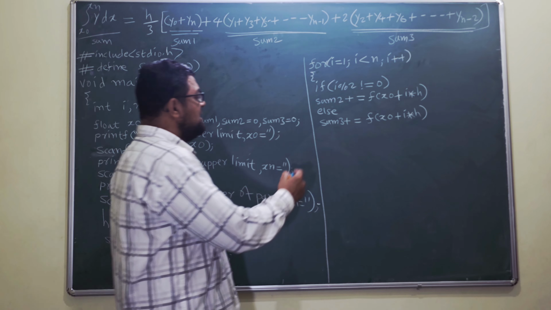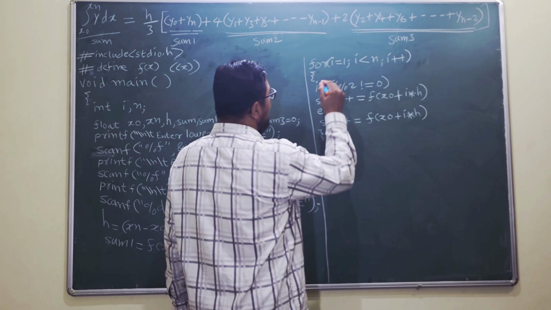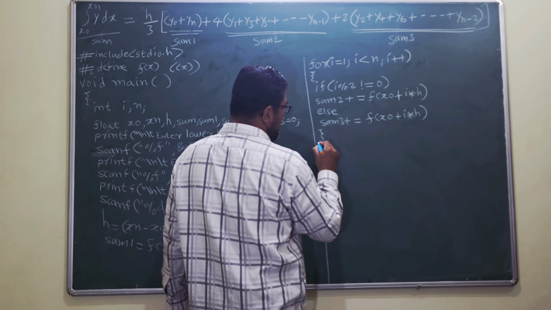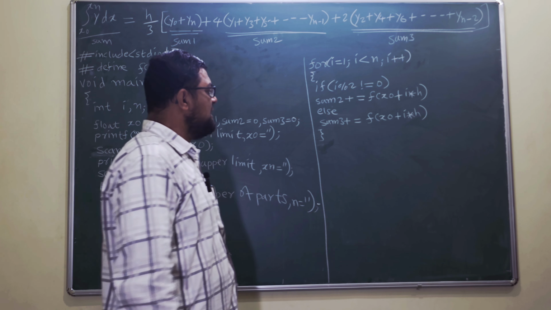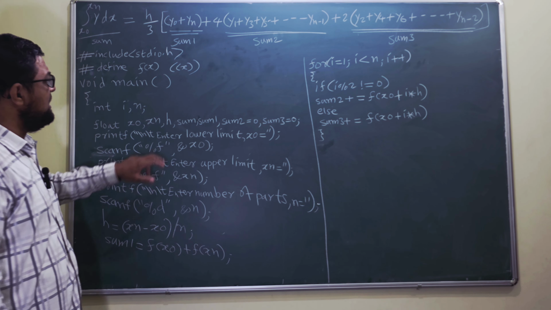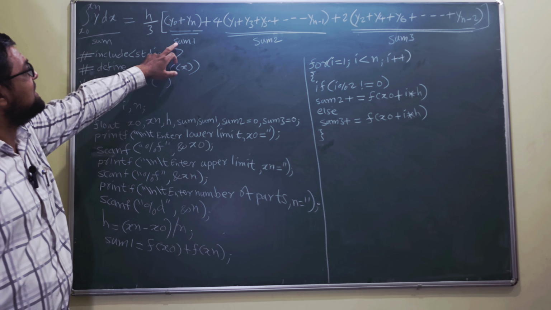Okay, and then this for loop will be over, and then we have to just print the value of integration. First we have to find out the value of integration, which we will store in some variable, this one, sum.